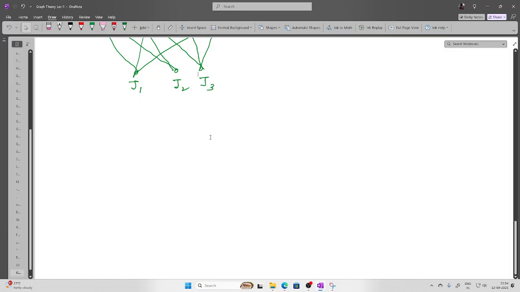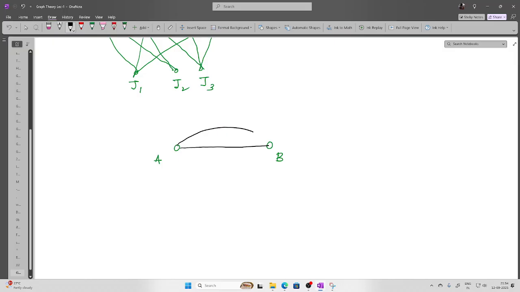Now, the question one can ask is: I have this particular node A and B. So this is vertex A and this is vertex B. Can I draw only a straight line as an edge, or am I permitted to draw a curved line like this? In a graph, the edges can be straight lines and they can be curved edges as well.